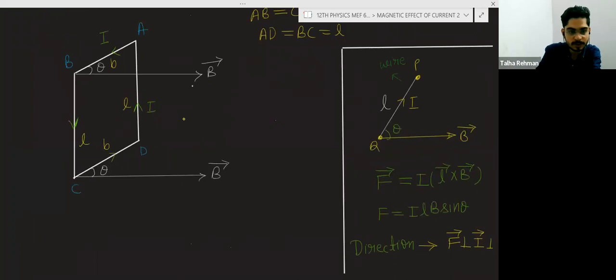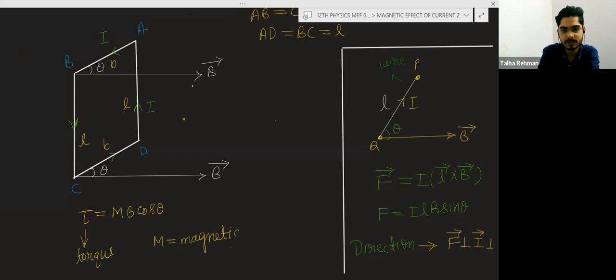So torque on the coil is magnetic moment of the coil, and magnetic field in which the coil is placed, and cos theta. M is the magnetic moment. What is magnetic moment?